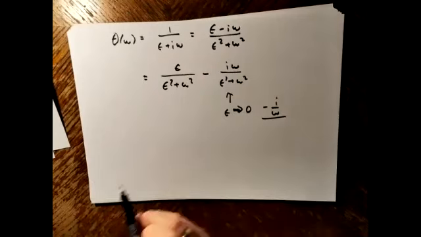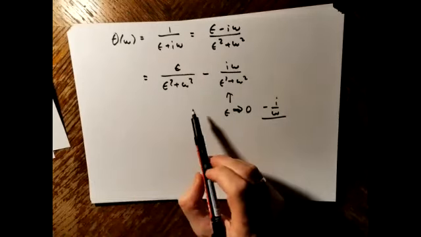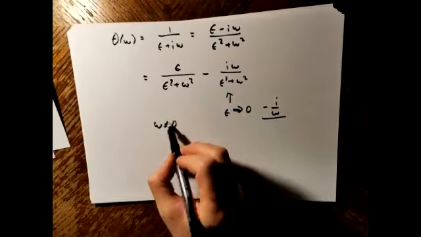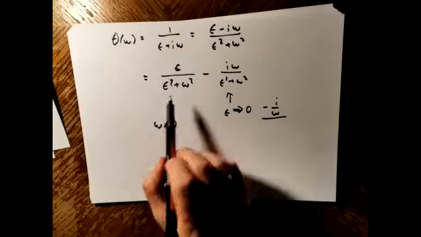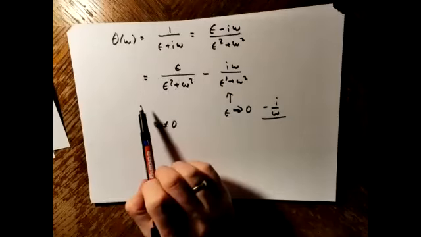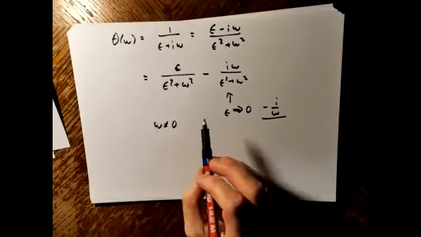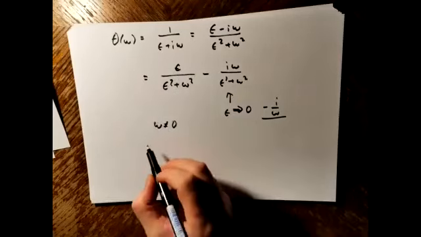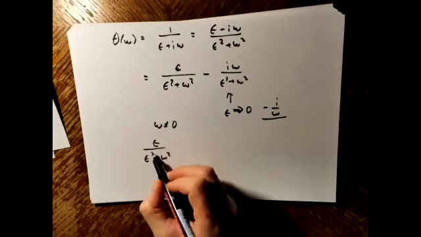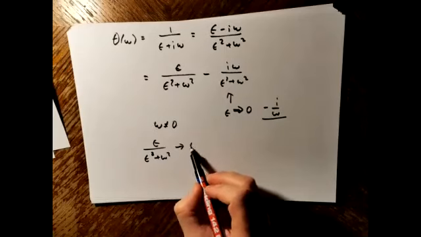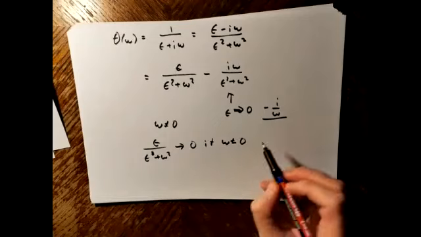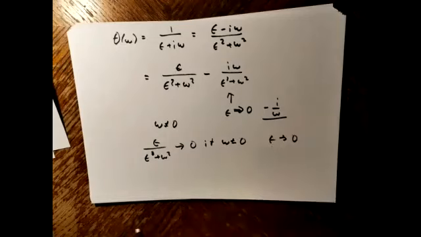Here it's a little bit trickier because the limit depends on what omega is. If omega is not equal to 0, then if I take the limit of epsilon going to 0, I'm going to get epsilon over omega squared, which is actually 0. So let me say epsilon over (epsilon squared plus omega squared) goes to 0 if omega is not equal to 0 when we take the limit of epsilon going to 0.